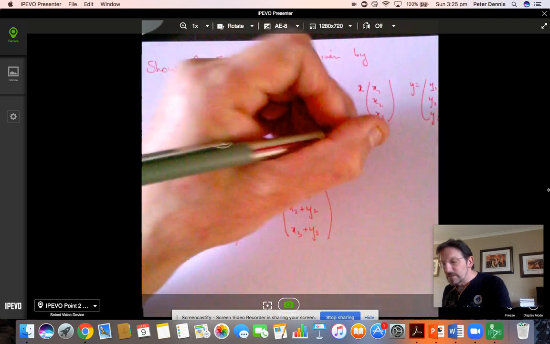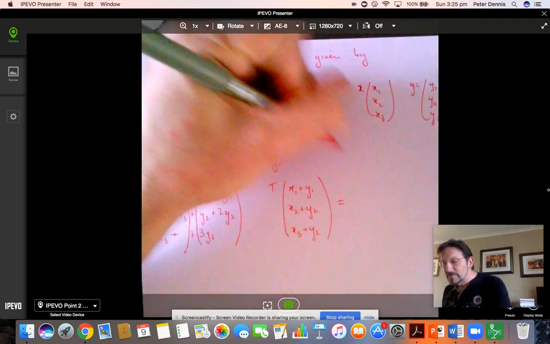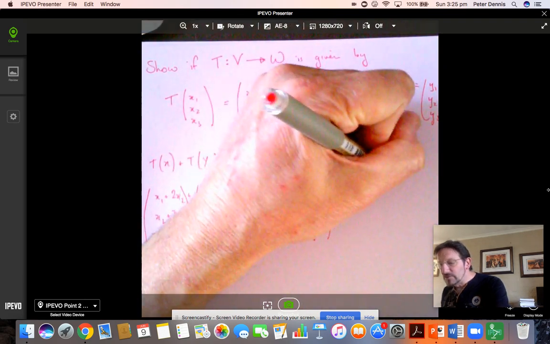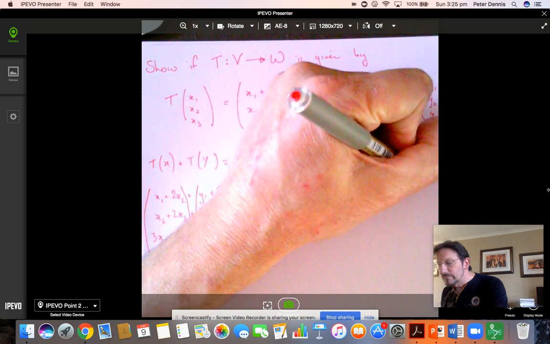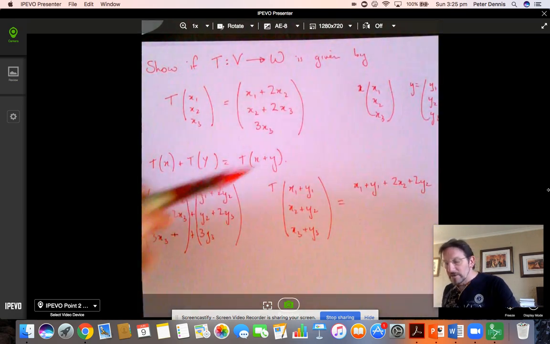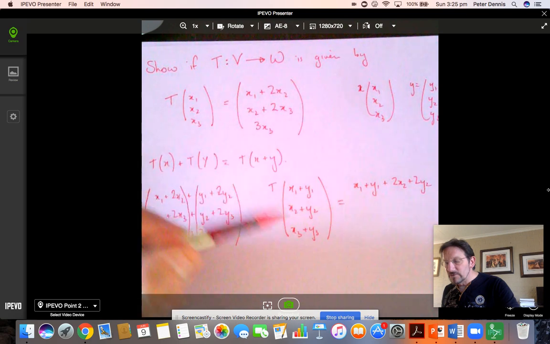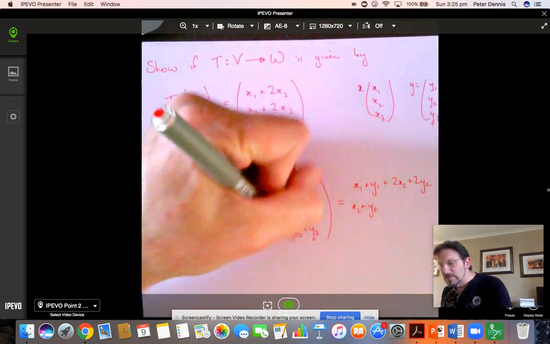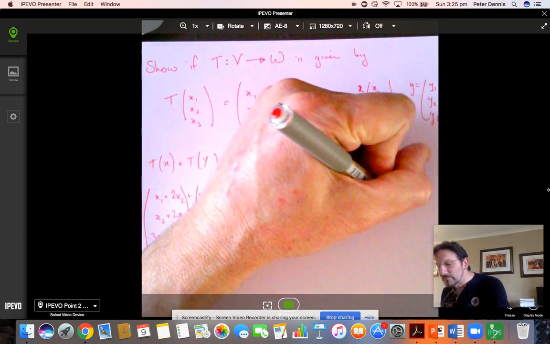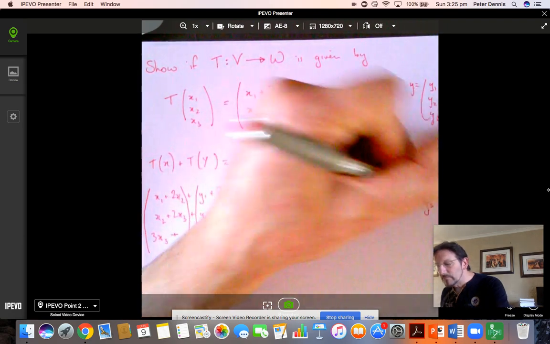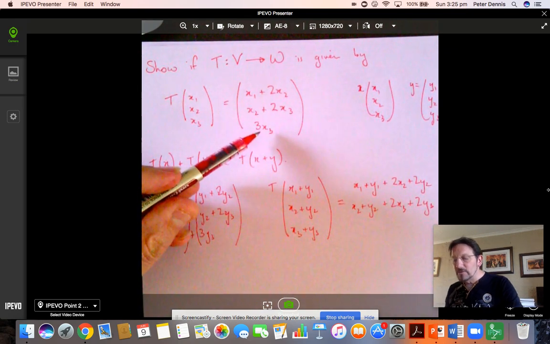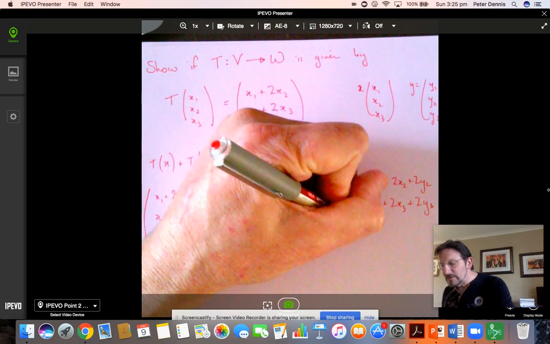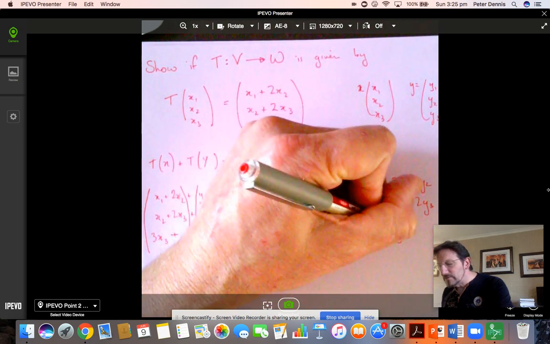So this is our x1, this is our x2, so it's going to become the first term plus 2 lots of the second term. The next one's going to become the second term plus 3 lots of the third term. And the last term is going to become the third term minus the first term.